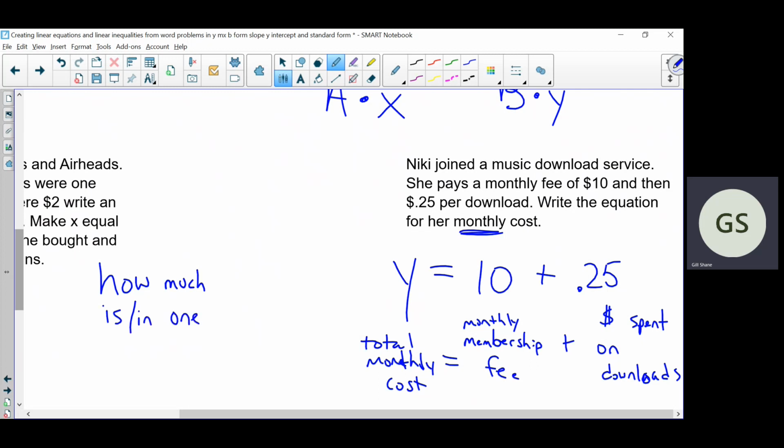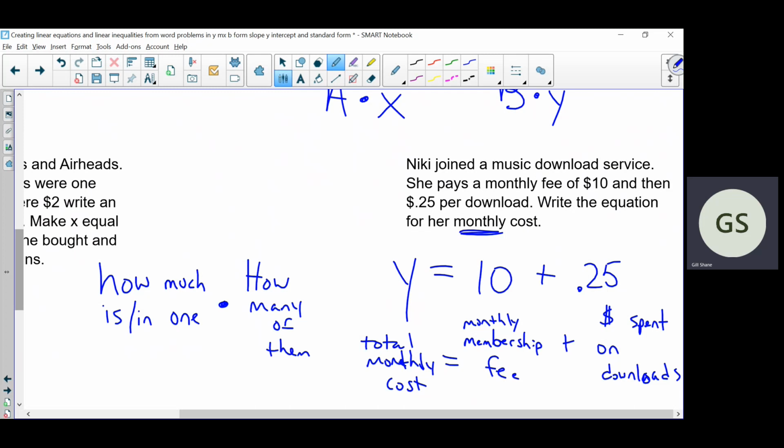Sometimes we'll say how many people in a car or how many people in a bus, so you have to say how many in that case. And then times how many of them. That is extremely common for the two things you're multiplying, pretty much every single time. I don't know if you're ever going to see an exception to that. One download is 25 cents times how many downloads.